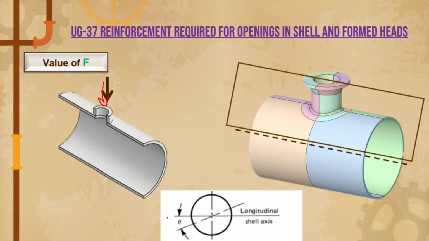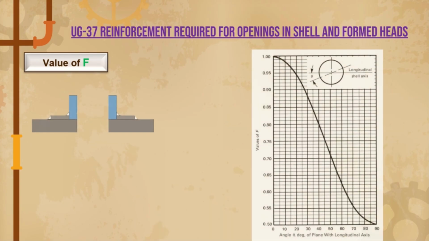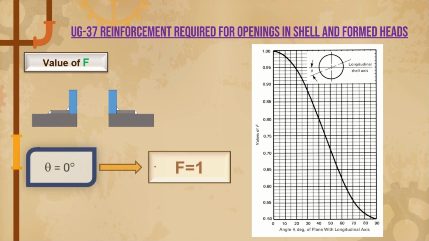And I already told you we will keep the openings in different planes and at different angles as well. This theta is the angle between the nozzle and the longitudinal shell axis. By using this theta, we will find the value of F, guys.